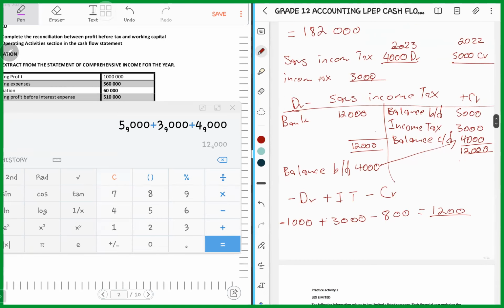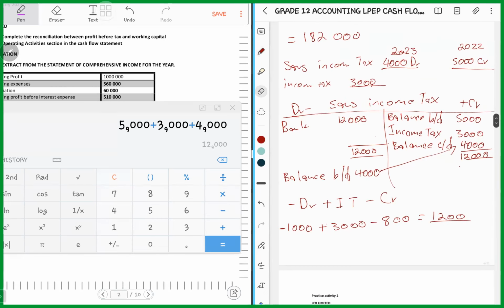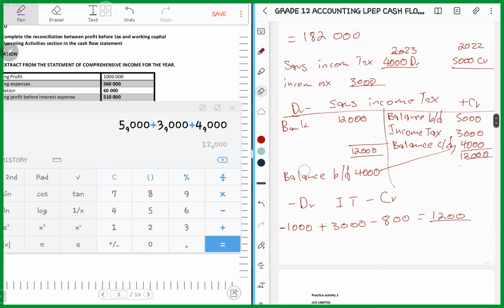Then when we are using the formula, let me show you how it's going to be. Remember, credit balance is a positive. Then we're going to add the income tax for the year. Then this time around, since the end balance says debit, we're going to say plus debit.